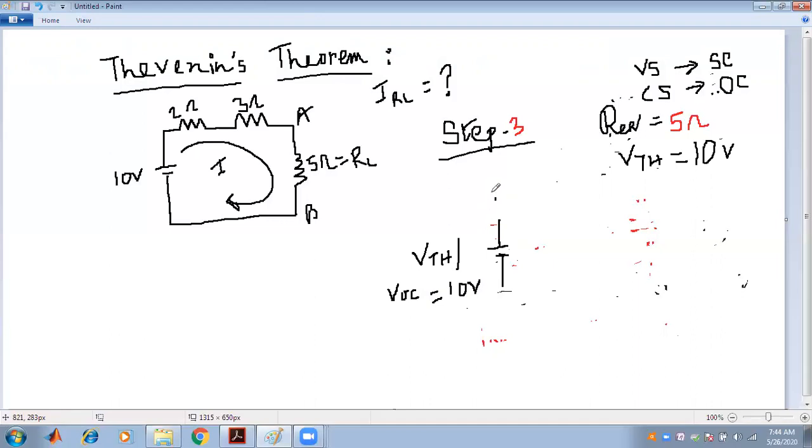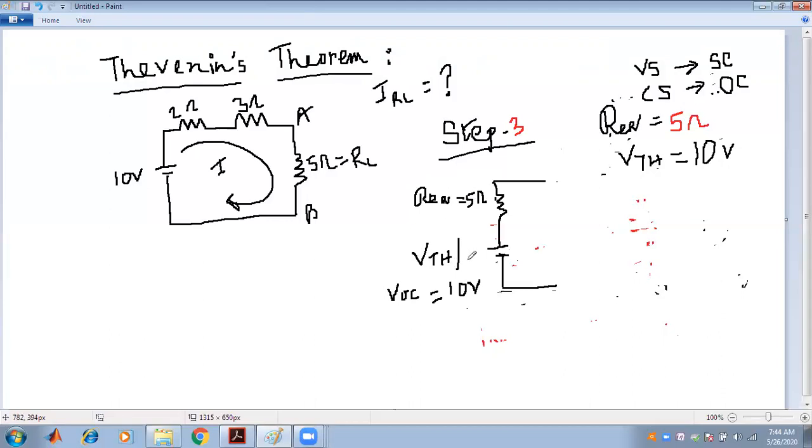And the resistance, that is R equivalent, that we have found, that is 5 ohm, will be connected in series with the VTH.